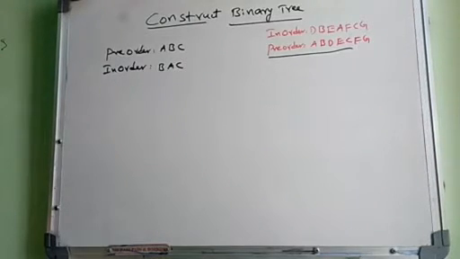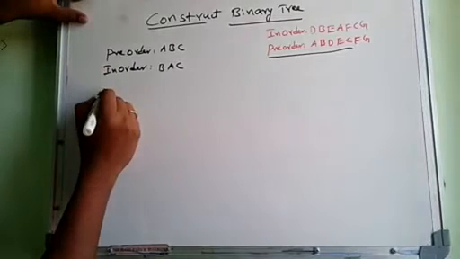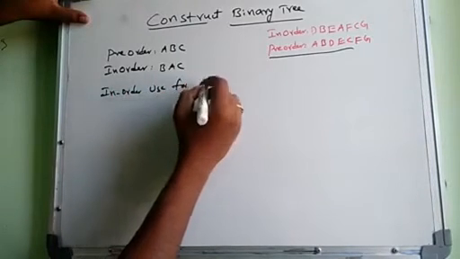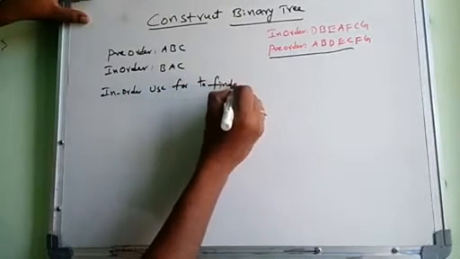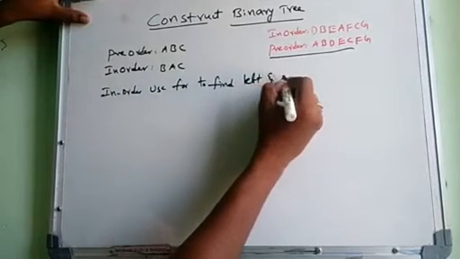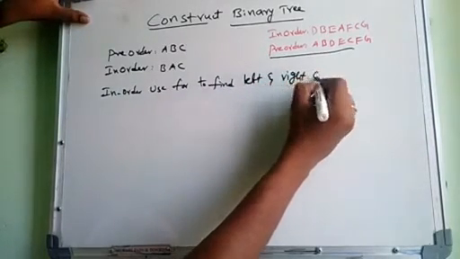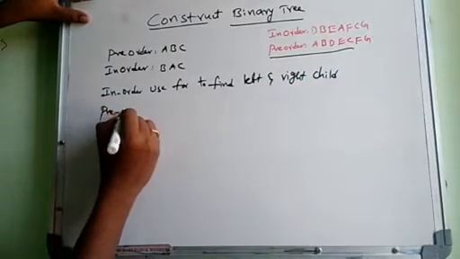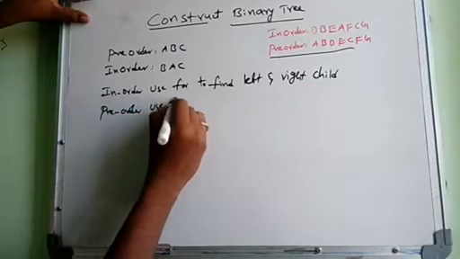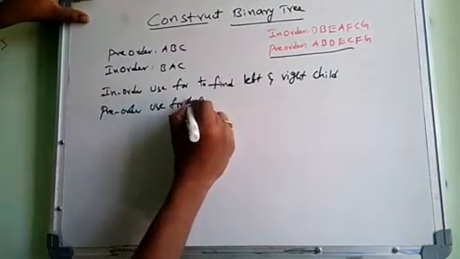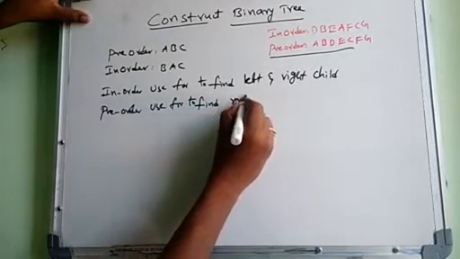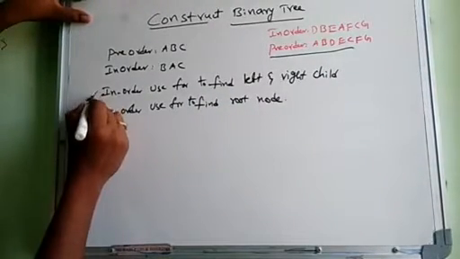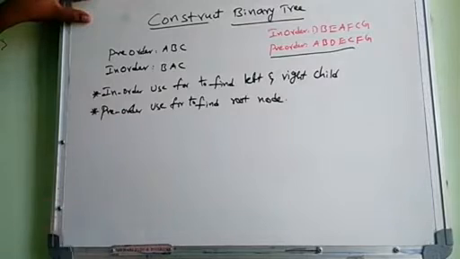The important point here is: in-order is used to find the left and right children, and pre-order is used to find the root node. This is a very important point you have to remember before constructing the binary tree.